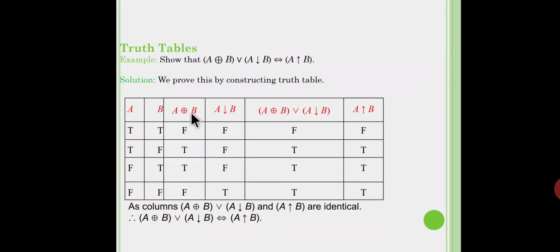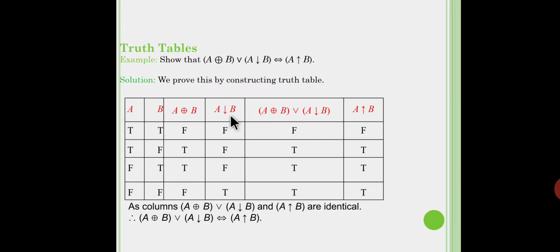If both A and B have the same truth value, then it is false, otherwise it is true. So in the first case and last case, A and B have the same truth values, true true and false false. So their compound statement A exclusive OR B has truth value false in the first case and fourth case, in remaining cases it is true.